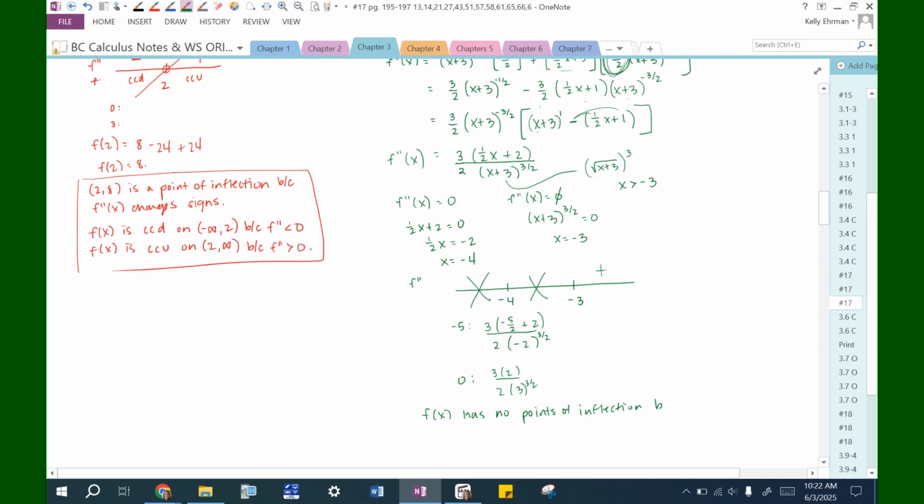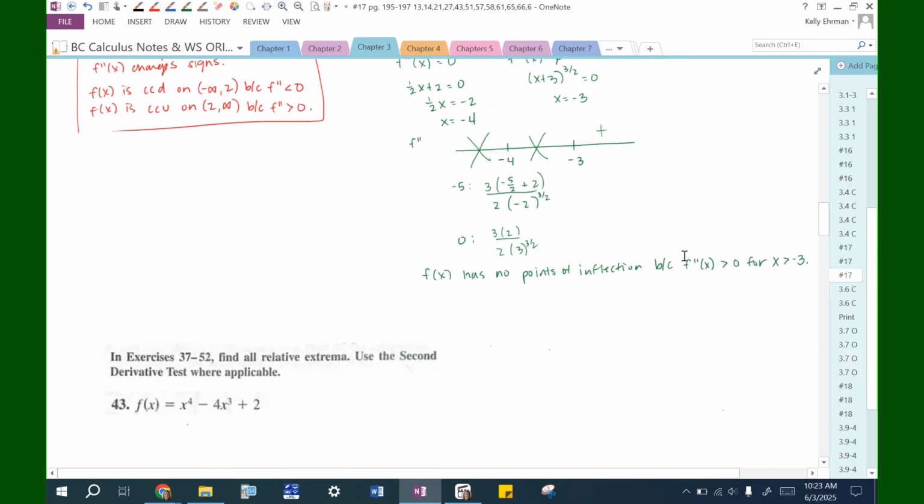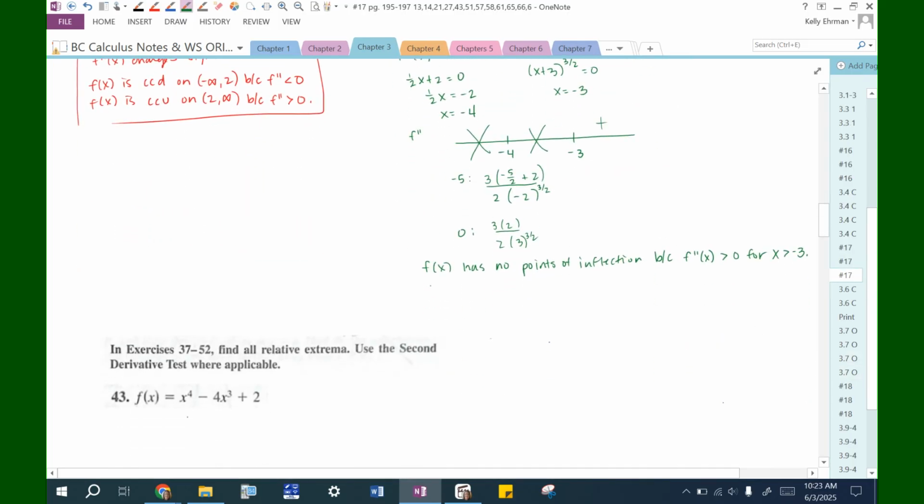I will say because f double prime of x is greater than 0 for x greater than -3. And then they wanted me to discuss concavity. So f of x is concave up on -3 to infinity because f double prime of x is greater than 0.